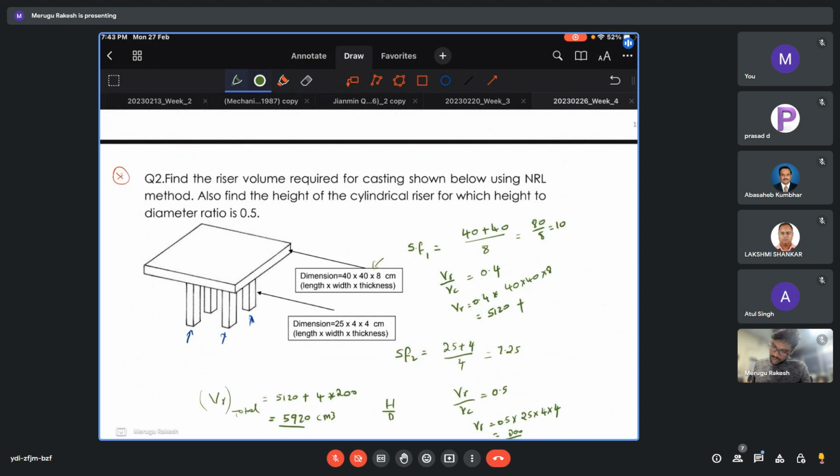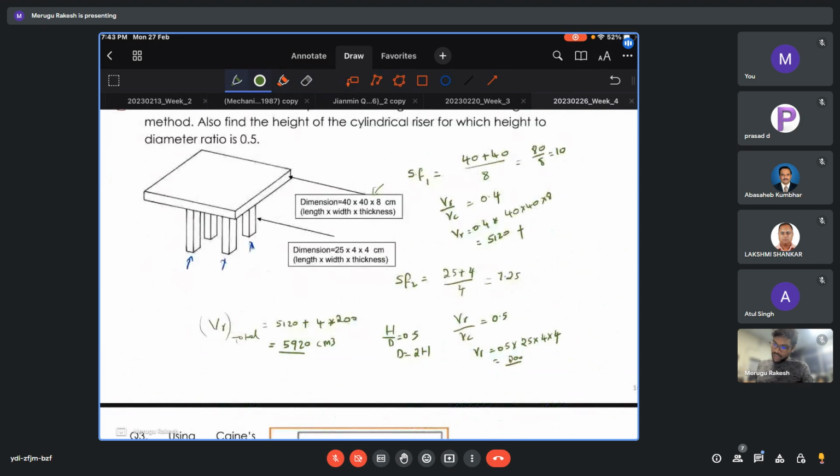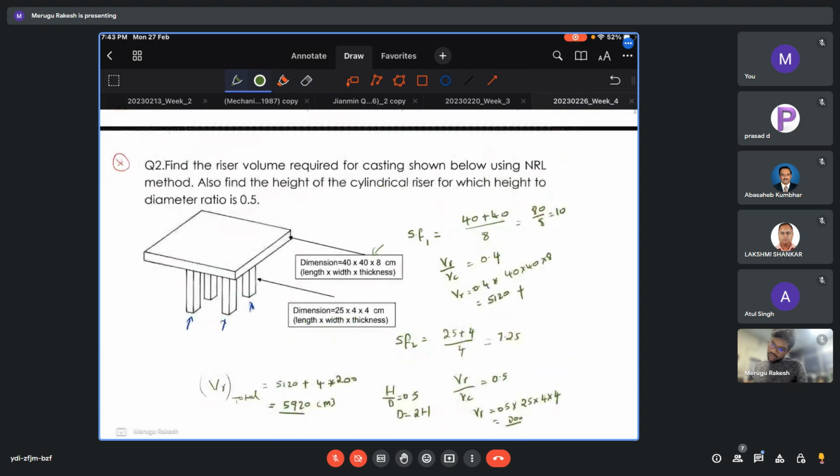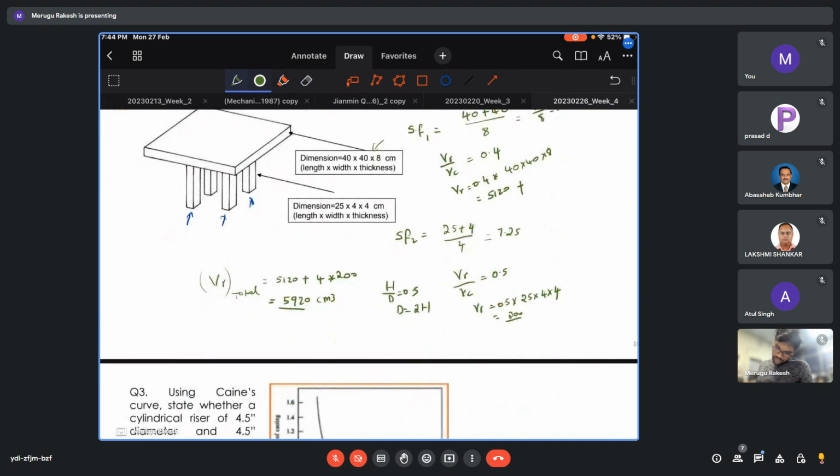So now we have been given the height to diameter ratio. So H to D ratio is 0.5, or D is equal to 2 times H. Okay, so we can get the volume. Nothing is specified, so we have to take the actual volume. So the volume of the riser is pi by 4 D square times H, where H is nothing but 0.5 times D, which is equal to 5920.